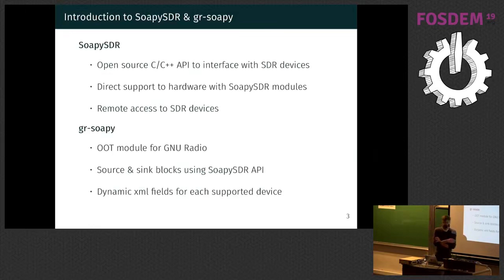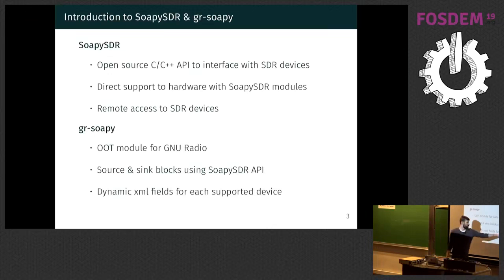So here starts our work, which is gr-soapy, an out-of-tree module for GNU Radio. It provides a source and sink block that actually wraps the SoapySDR functions that the API provides. Really similar till here. What we do differently from Osmocom is that we try to have dynamic parameters in our XML blocks, so it's easier for the users to configure the devices correctly.